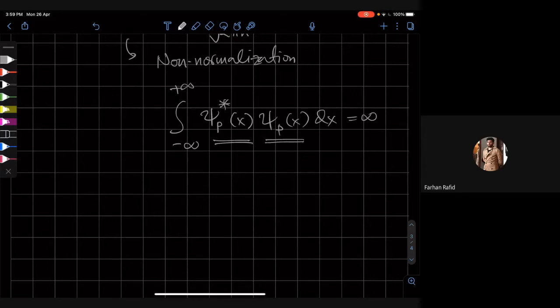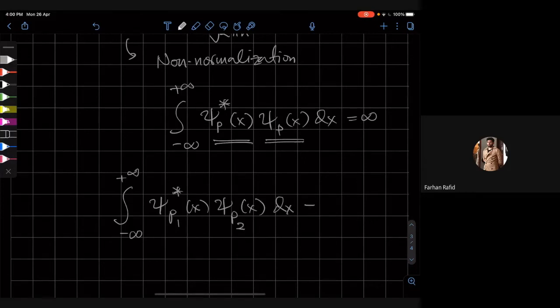I'm not going to go into that, but if you have two of these guys at different values of p, say one is p1 and another one is p2, then there is a sense in which you can say that this is actually given by a Dirac delta function of p1 minus p2.